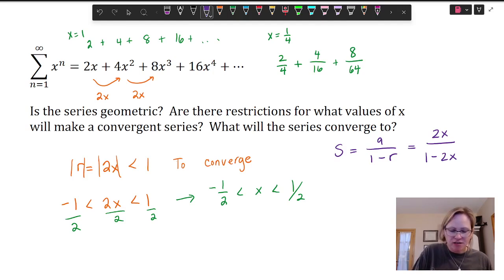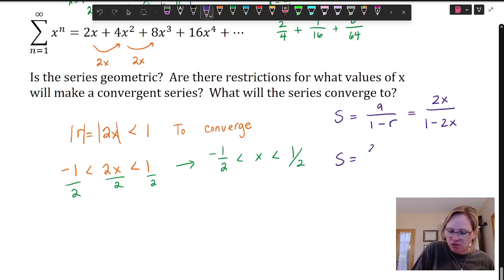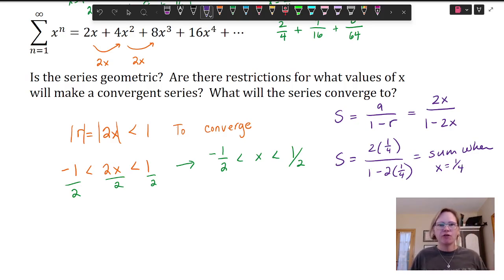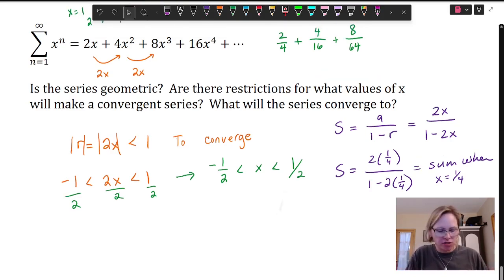So when x is 1/4, my sum will just happen to be 2 times 1/4, over 1 minus 2 times 1/4. Whatever that works out to be, that'll be my sum when x is 1/4. So it's kind of cool. We get this little function that tells us our sum when we have a geometric series like this with an x in it. And again, that's called a power series. But that's something for later on, just a little taste of what's to come.